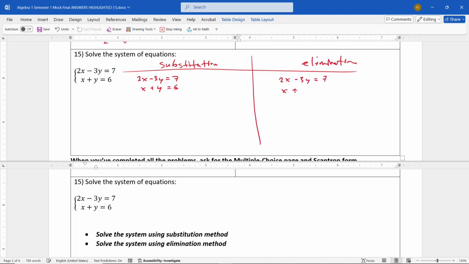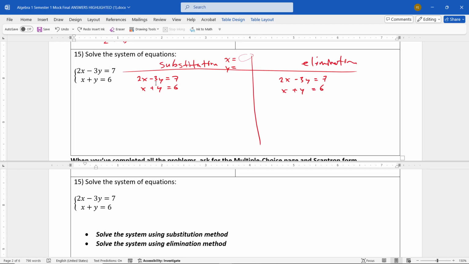All right, so for substitution method, you need to get one variable alone. So you need to get either x equals or y equals by itself. Once you have that, you substitute into the other equation. So for us, it looks easiest to solve the second equation for x or y because there's no dividing, it's just regular x and y.